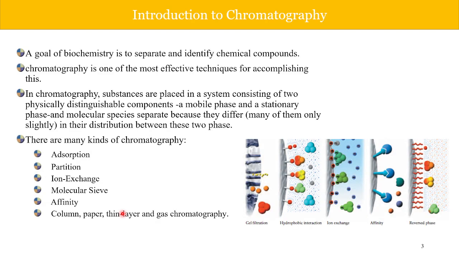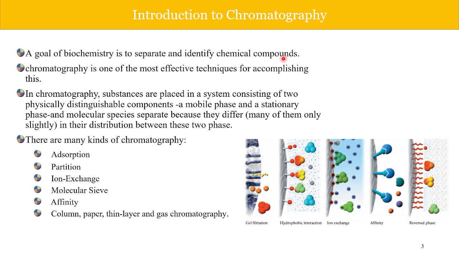So coming to the introduction of chromatography. The goal of biochemistry is to separate and identify chemical compounds. So you have a mixture and then you are asked to separate a few biological compounds. How do you do it? You perform chromatography.